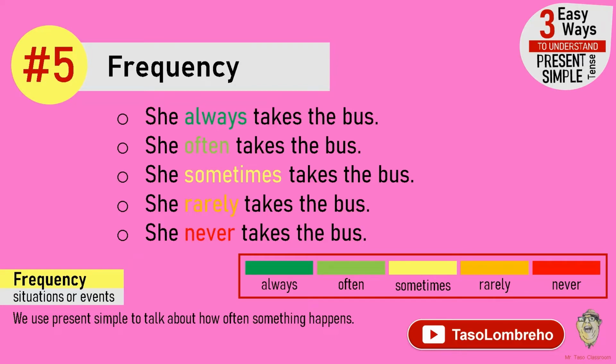Always, often, sometimes, rarely, and never. He always takes the bus. He often takes the bus. She sometimes takes the bus. She rarely takes the bus. She never takes the bus. So in this case, we have always, often, sometimes, rarely, and never as our frequency information.